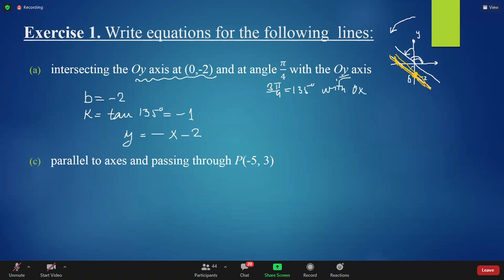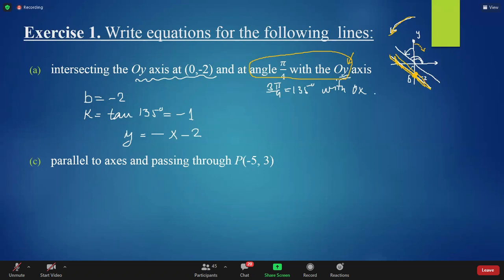So we have to be very careful when reading the task. Sometimes we read that it's the angle with the x-axis, but in this case it's the y-axis. So the positive angle would be this, if we see that this is the angle with the y-axis. On the other hand, if we take the angle pi over 4 in the other direction, then the angle with the x-axis would also be 45 degrees, and then we would have tangent equal to 1, not minus 1.